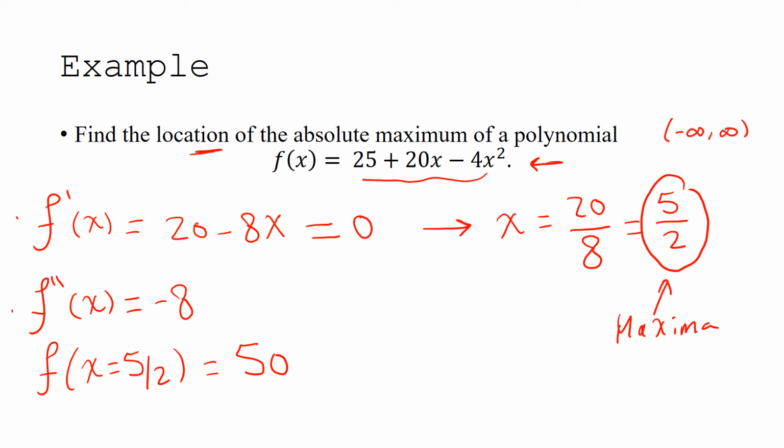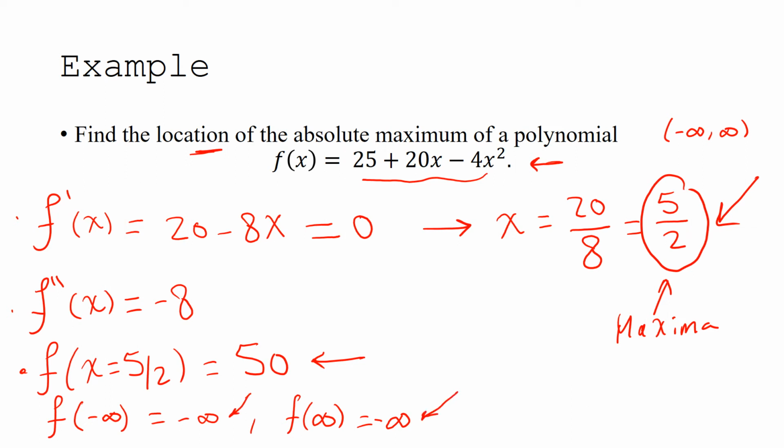We also compute the function at the end of the range, so f of minus infinity gives us negative infinity, and at the other end of the domain, f of infinity gives us minus infinity. Okay, so now I have the value of the function computed at the candidate for the local maximum and the function value at the ends of the domain.